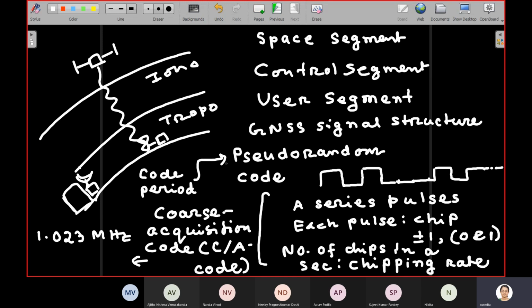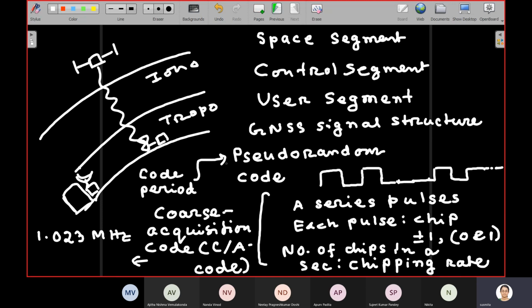Okay, that's why we say pseudo-random. Now you ask why we require pseudo-random code. Now this pseudo-random property provides a very interesting feature. Okay.